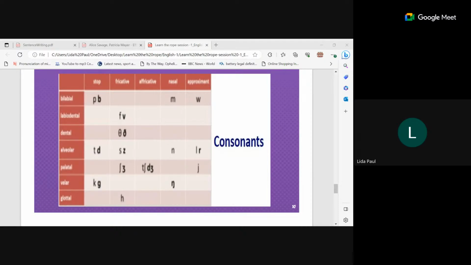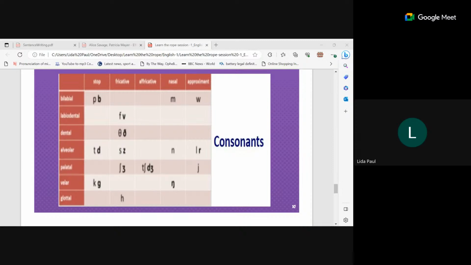And even the other two share these qualities, right? So just remember, in approximants you have more free flow of air. There are other explanations and elaborations for this, but I think this one is a better version to understand the sounds than the other one.